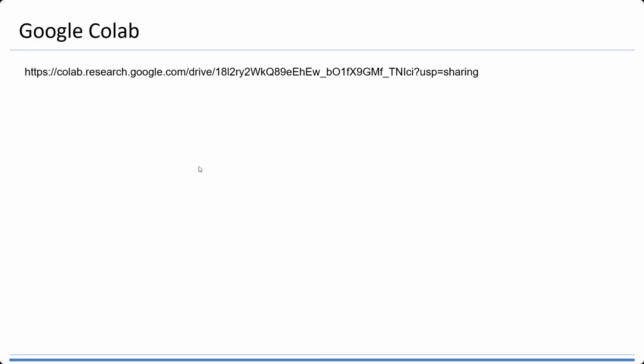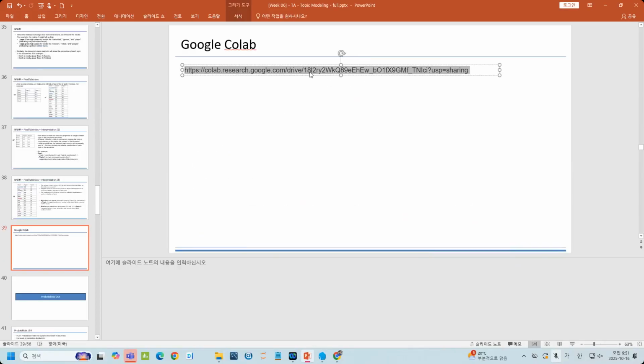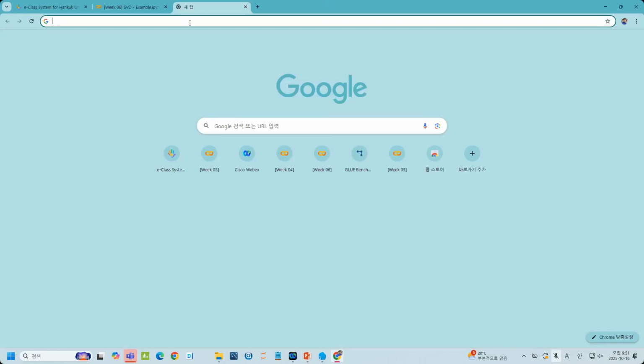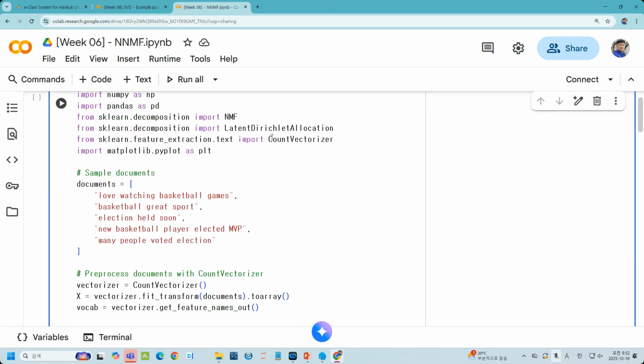Okay, so let's see. In this code, I have the NMF, and then later I will use the LDA and do the count factorization.